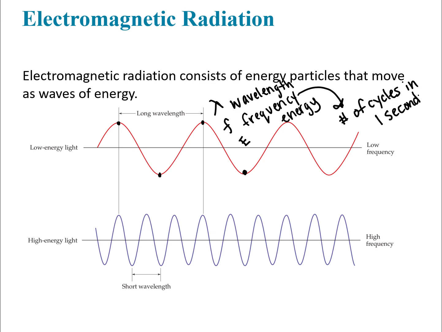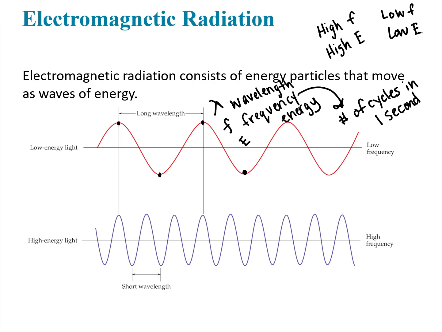The frequency of a wavelength is related to the energy. So if you have a high frequency, then you'll also have high energy. If you have a low frequency, then you'll also have low energy.